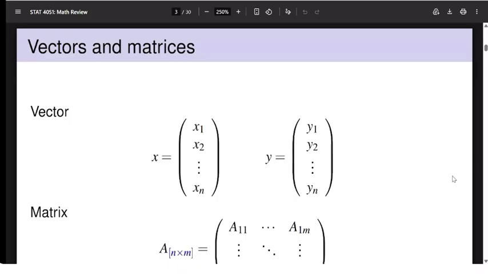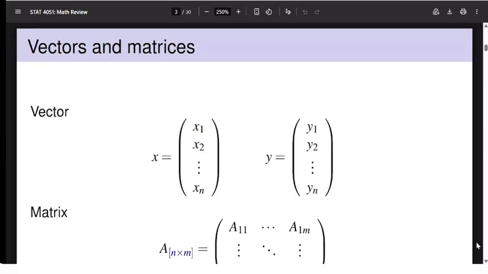Why do we need math review? Of course, we need math review because of the role of linear algebra. Most of the algorithms are vectorized. Most of them are in matrix form and stuff like that. So because of that, we need to understand some basic assumptions.